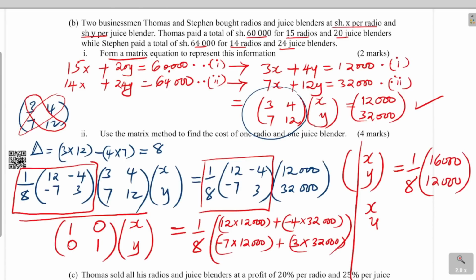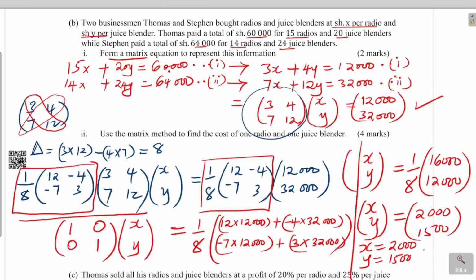So xy is equal to 1 over 8 times 16,000, which gives 2,000, and 1 over 8 times 12,000, which gives 1,500. Therefore x is equal to 2,000 and y is equal to 1,500.